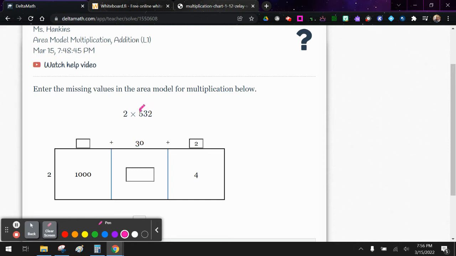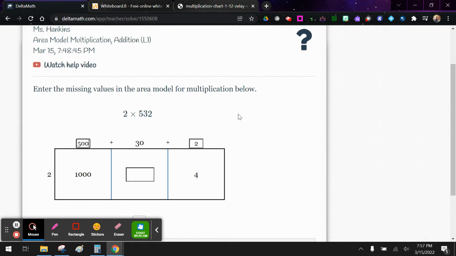And now we have to look at the 500s. If I gave you 5 $100 bills, that would give you 100, 200, 300, 400, 500. So the value of the 5 is actually 500 because it represents the 100s place. Since 5 $100 bills is 500, we're going to click here in this box to represent that.